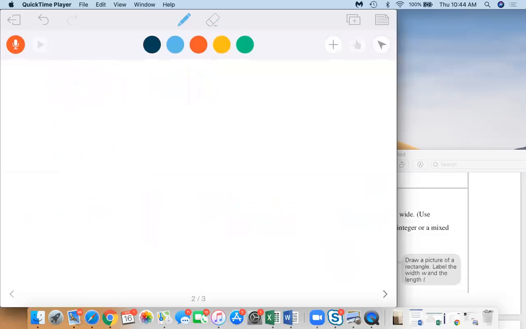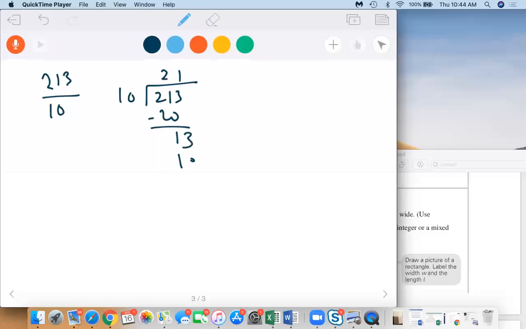So we need to divide that, right? 213: 10 goes into 21 2 times, we have 1 left and then a 13, so 10 goes into 13 once, leaving 3. So this gives us 21 remainder 3, which means we have 21 and 3/10.